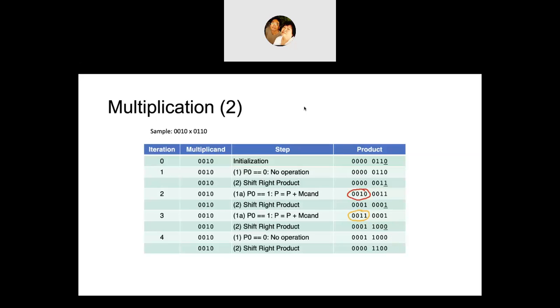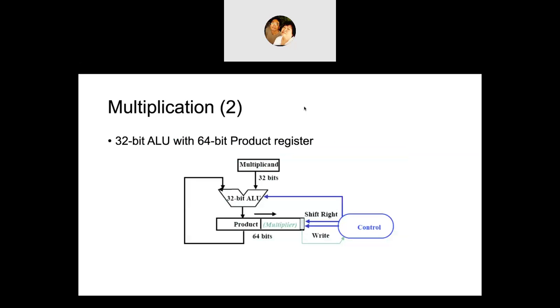If we discuss how it is implemented in hardware, it will be something like this. We will have the multiplicand register, which this time can be 32-bit, not 64-bit anymore. And the ALU, again, we can reduce from a 64-bit ALU to a 32-bit ALU. And as we just discussed in the previous topic, a bigger ALU tends to run slower than a smaller ALU.